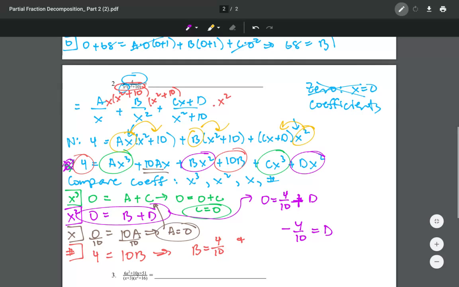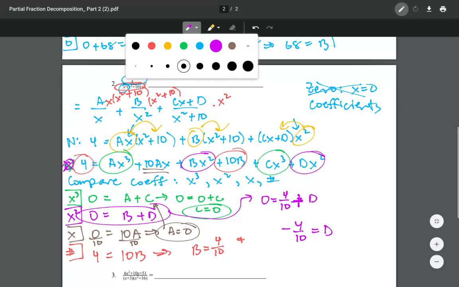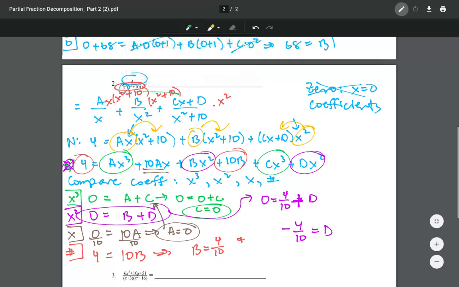There is not an a. Go ahead and put this all together. So I'm back at my template here. There is not an a term, but there is a b term, and that has a 4/10 up on top. So I have 4/10 x squared plus c is 0, d negative 4/10 over x squared plus 10.